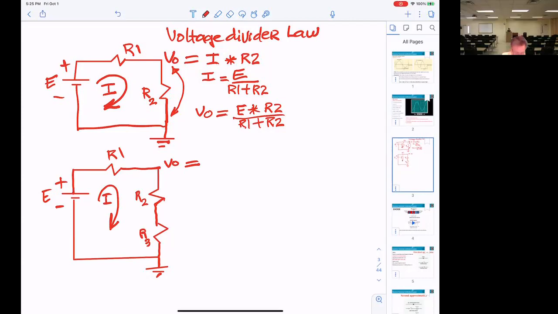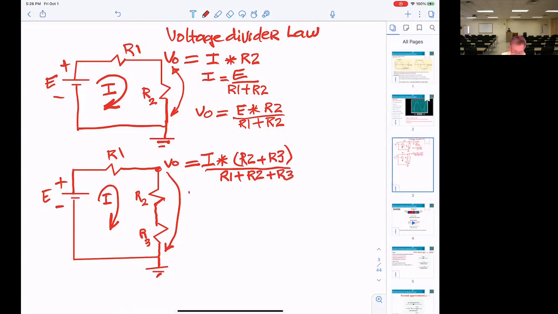Okay, basically normally you calculate the V out from here to the root. So it can be I times R2 plus R3, divided by total R1, R2, R3.